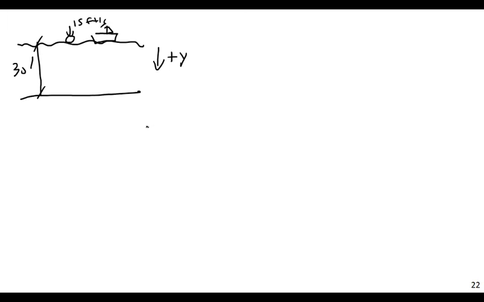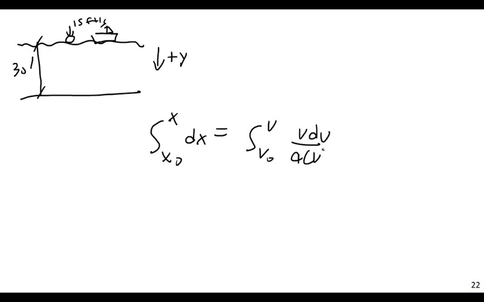So ultimately, the integral relationship I would end up with is the integral of dx from x naught to x is equal to the integral from v naught to v of v dv over a of v. That fundamentally is the relationship I would want to work with.